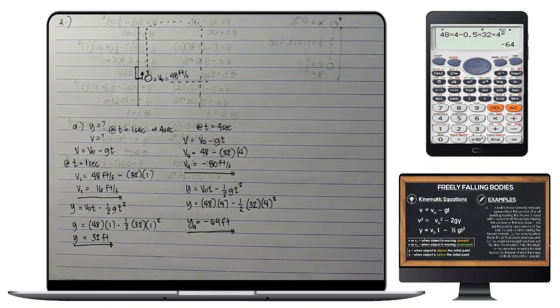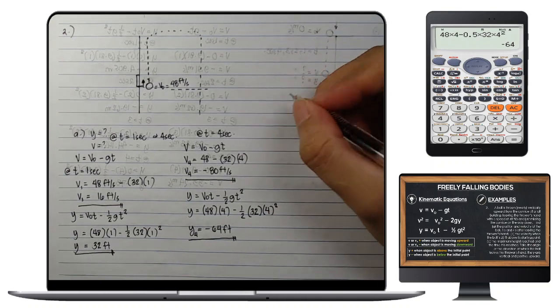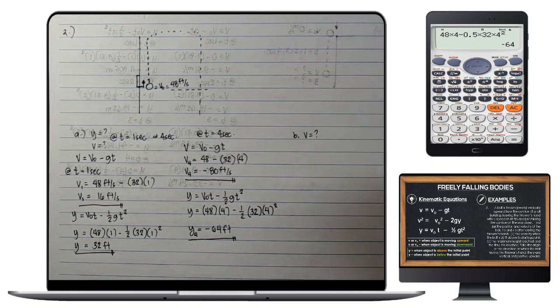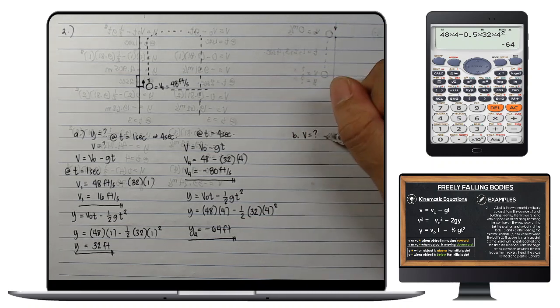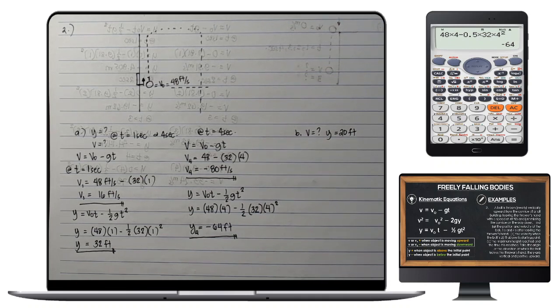Okay, so let's find the second unknown. So B, find the velocity when the ball is 20 feet above the starting point. So B, pinapahanap sa atin si velocity. Okay, when the ball is 20 feet above the starting point. So when y is 20 feet, since that is above, so we will use positive 20.